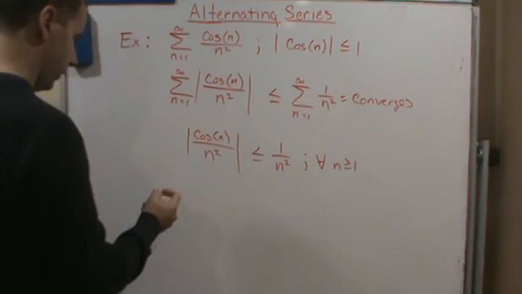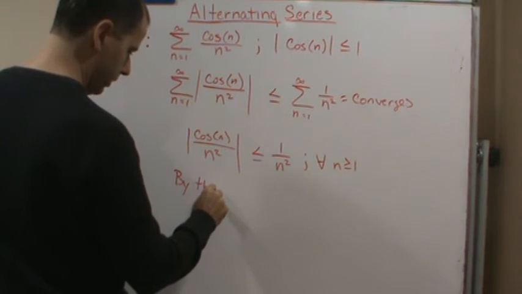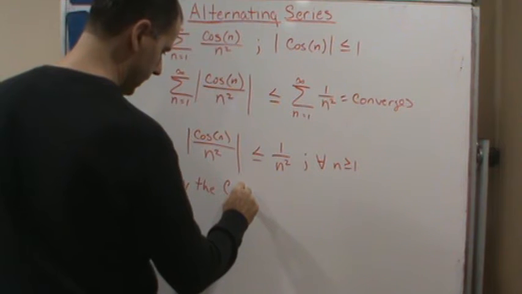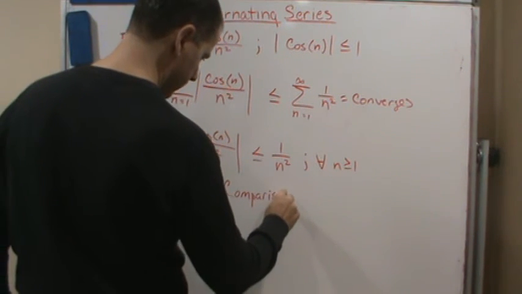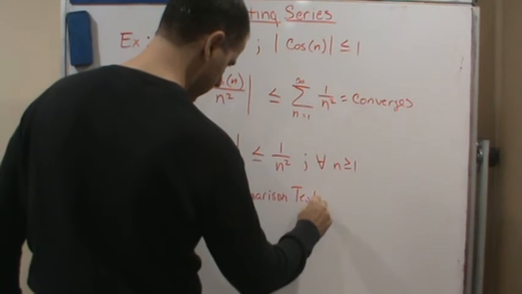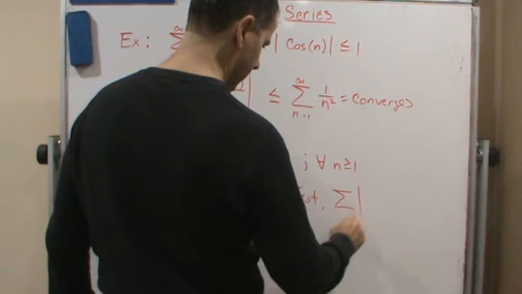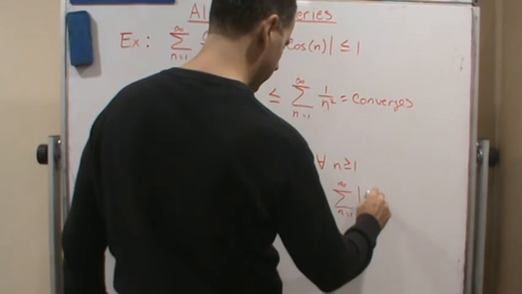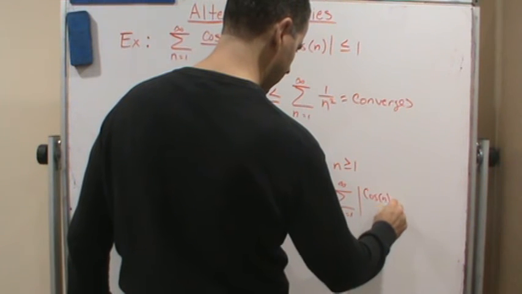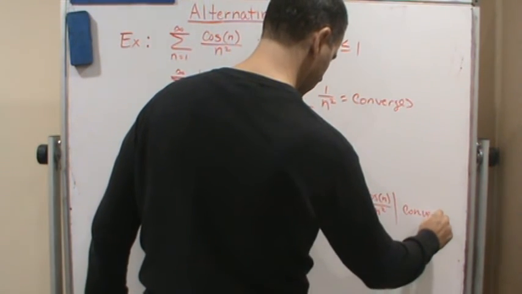So again, by the comparison test, the series of absolute value of cosine n over n squared converges.